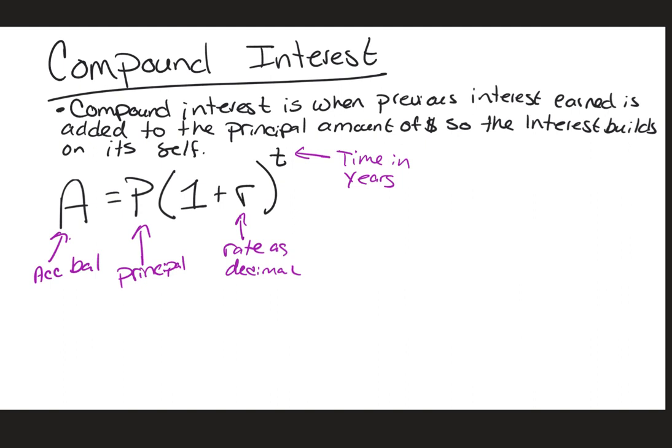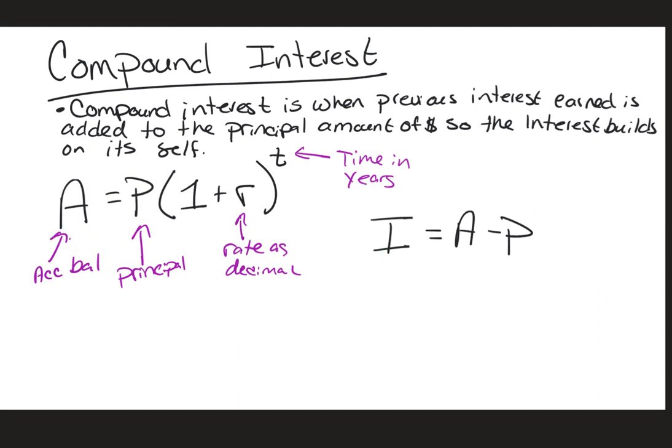To solve for the interest with the compound interest formula, if I need to figure out what the interest is on that account, remember this formula just gives me the account balance.